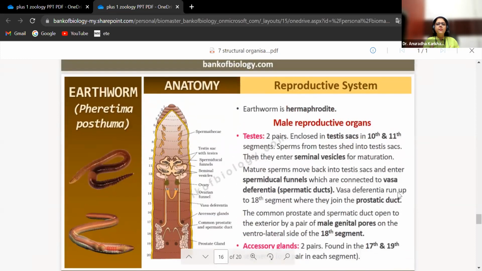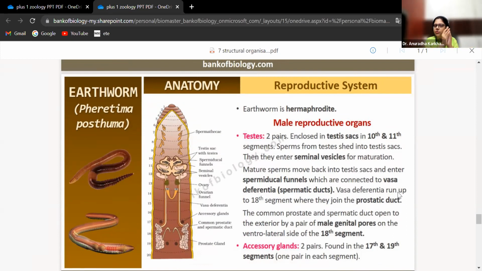Any difficulty in understanding the male reproductive organs? Testes are enclosed inside the sacs. Sperms will be released from the testes and move to the sac. From the testes sac, they will enter the seminal vesicle.